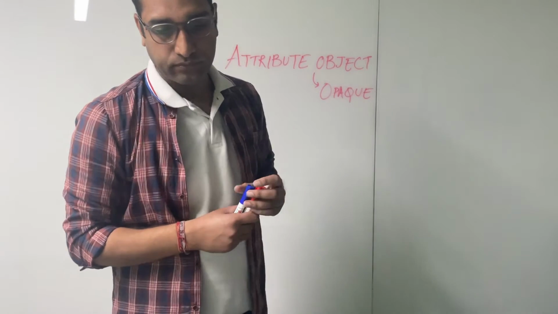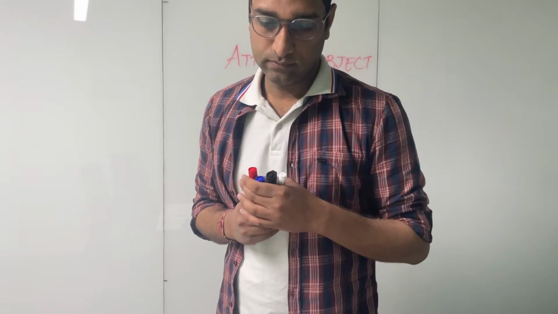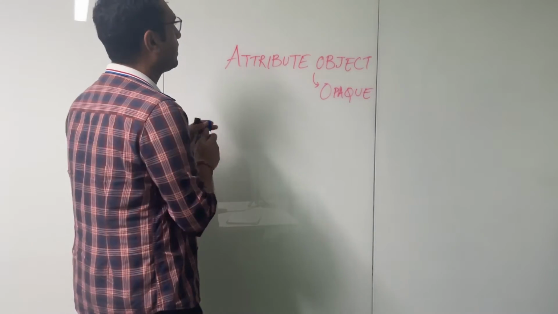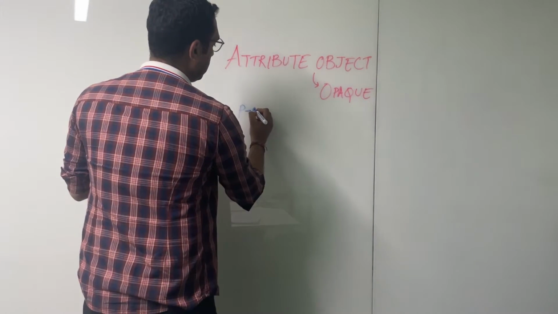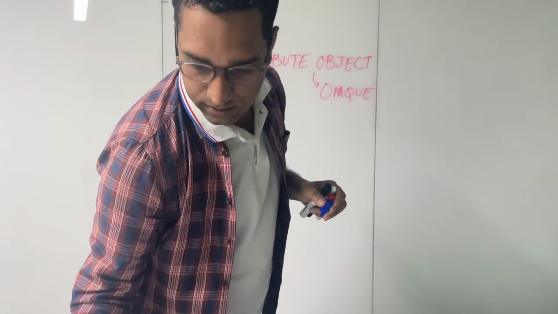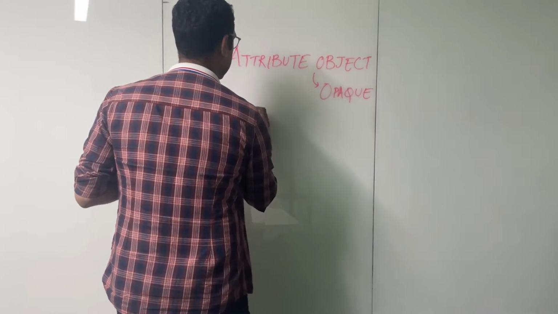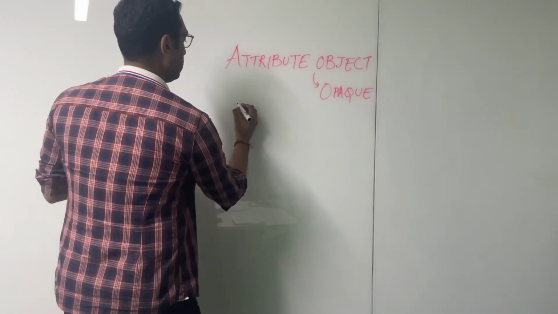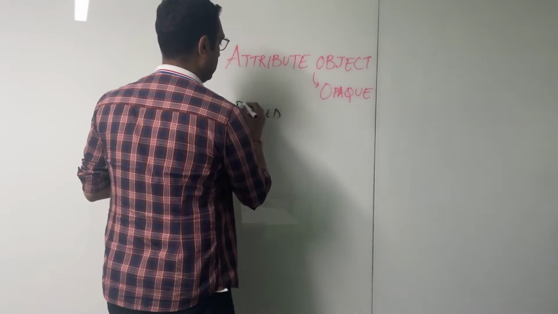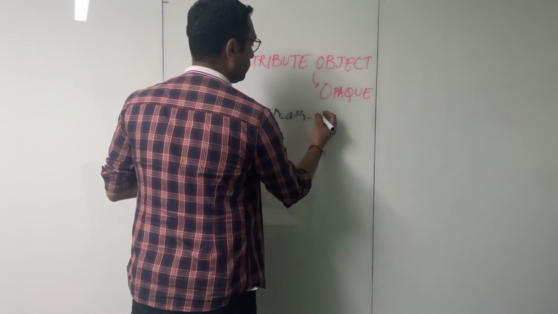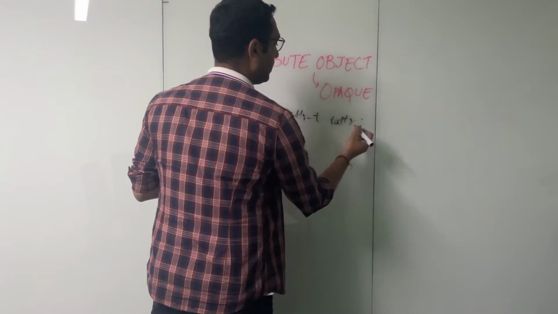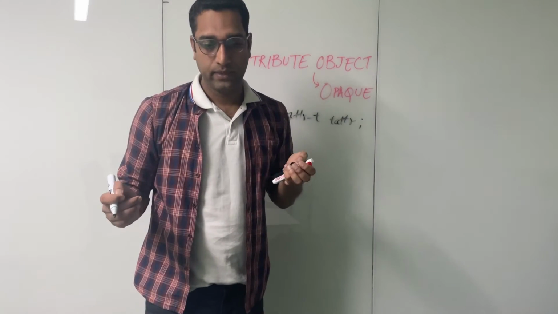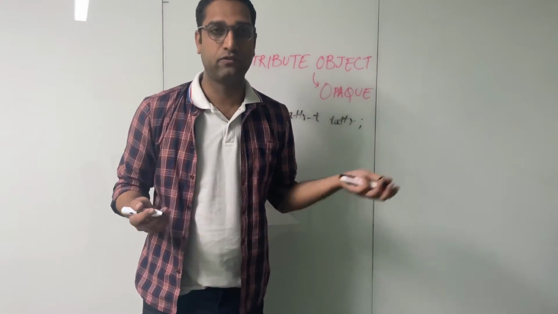Now, the attribute object which we just declared, pthread_attr_t tattr, once the thread is done executing, this object will still keep on taking the memory which was allocated to it.